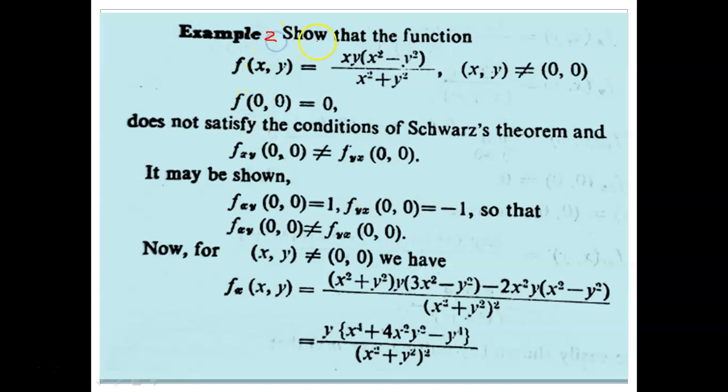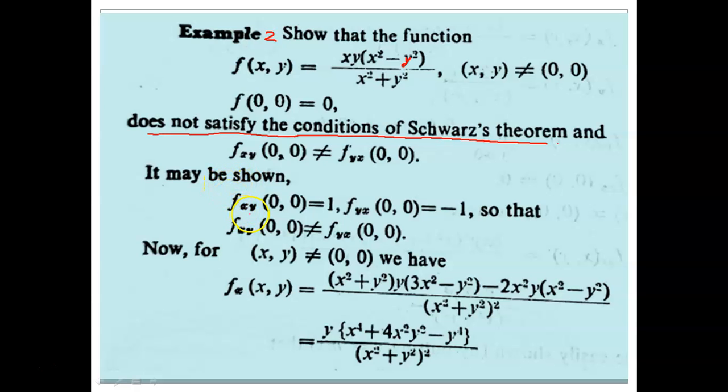In this example, the function is xy times (x square minus y square) divided by (x square plus y square) when (x,y) is non-zero, and the value of the function is 0 when x and y both are 0, meaning f(0,0) is 0. This function does not satisfy the conditions of the Schwarz theorem, and fxy at (0,0) and fyx at (0,0) are also not equal.